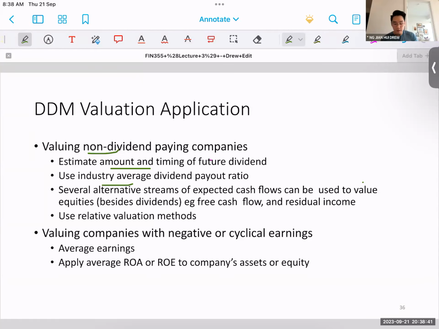There are also alternatives, where I mentioned residual income or cash flow, which is usually preferred, so we shouldn't even bother about dividend discount. Last but not least, we can use the relative valuation method, which we'll talk about in lecture 6, the last lecture, which is an important method as well.